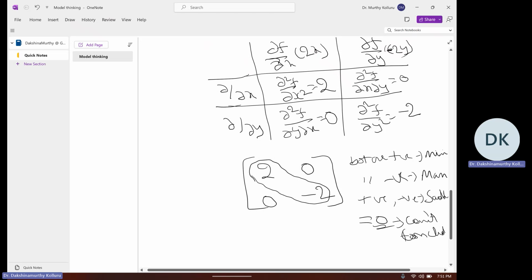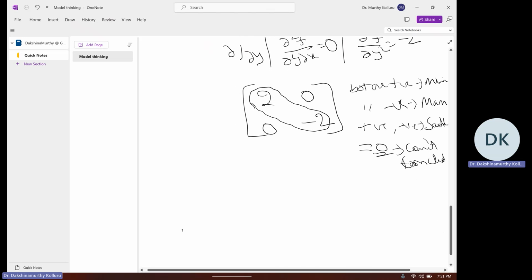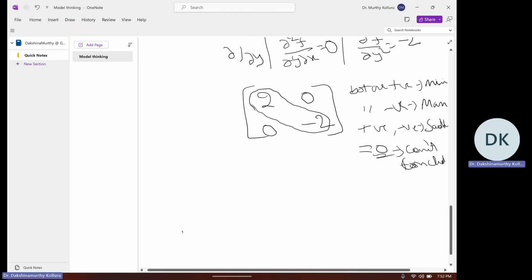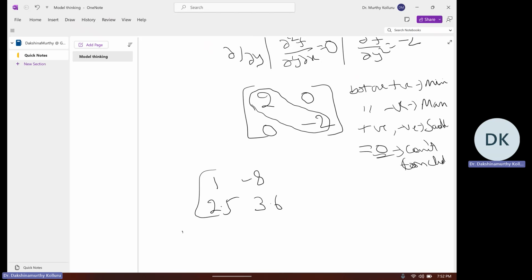By the way, this is the condition even in one dimension. If your d square y by dx square is 0, it has to be either positive or negative for you to make a conclusion. If it's 0, you cannot conclude. Okay, so that is the way. But let's say you got an ugly matrix, like 1, minus 8, 2.5, 3.6.